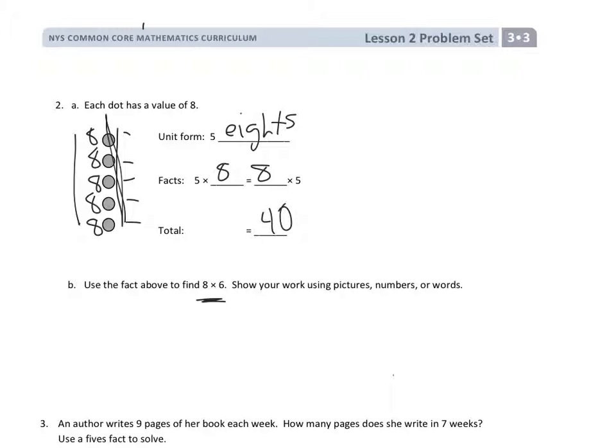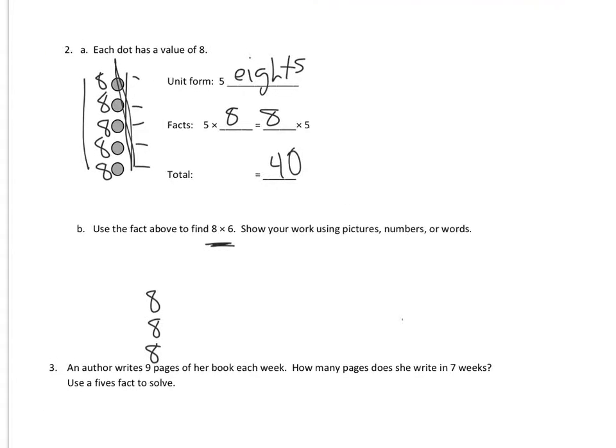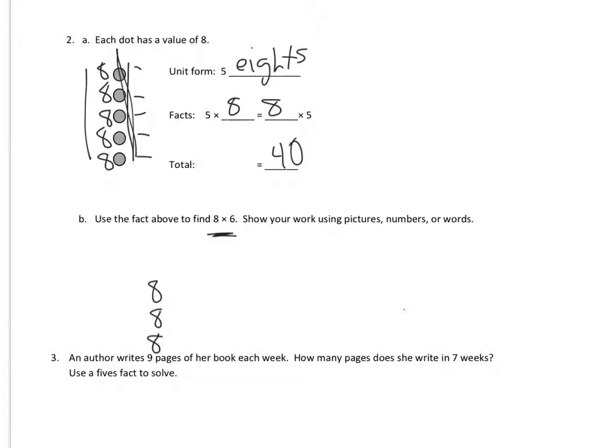So there are 5 eighths. 5 black eighths and 1 red eighth. Okay? Because we're looking at 8 times 6.